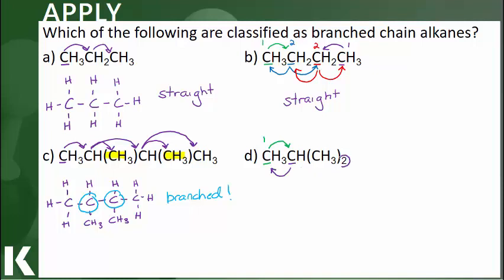And notice this subscript of 2, this carbon is attached to 2 CH3 groups. So this carbon has 3 attached carbons. And those CH3s, each one of these carbons is attached to only one carbon. But notice, because of this 3, this would be a branched chain alkane.